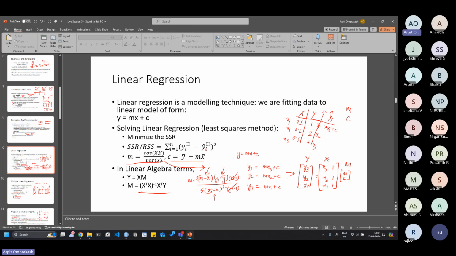X basically contains all the values of the different predictors, and a column for the intercept. M is basically the matrix containing the slopes or coefficients and the intercept. So this is how it's expressed in linear algebra terms. And M is given as x transpose x, the inverse of that, into x transpose y.